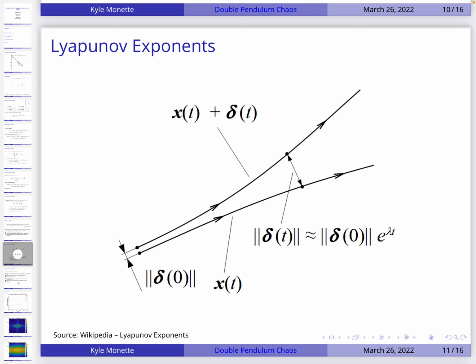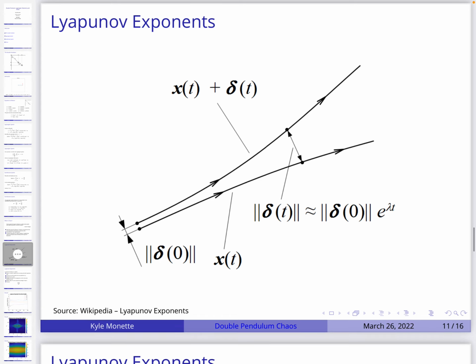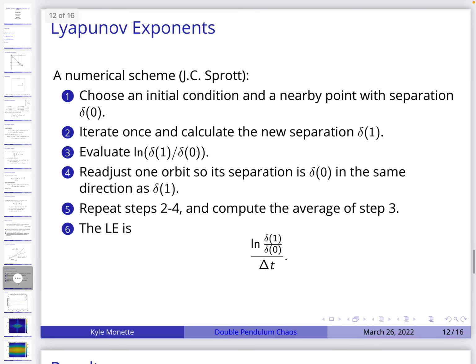And the Lyapunov exponent is the lambda. It is the exponent. You might see a Lyapunov number, which is the natural log. So we can calculate Lyapunov exponents by using numerics.